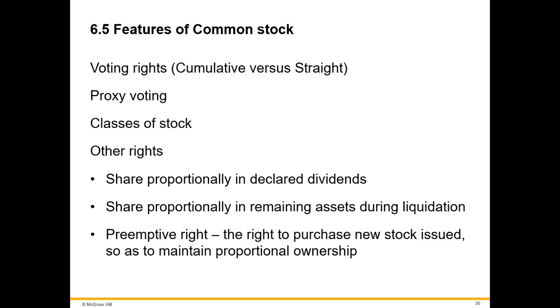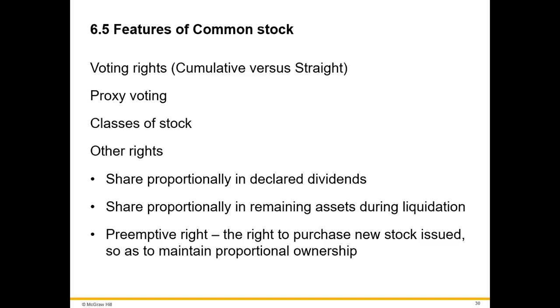They share proportionally in declared dividends, meaning when the corporation is going to pay a dividend, common shareholders have a right to share in those according to their ownership percentage. They have a share in any remaining assets when the corporation liquidates, meaning the corporation isn't filing bankruptcy. They just sold all their assets, paid off all their liabilities. The money left over will be divided among the stockholders.